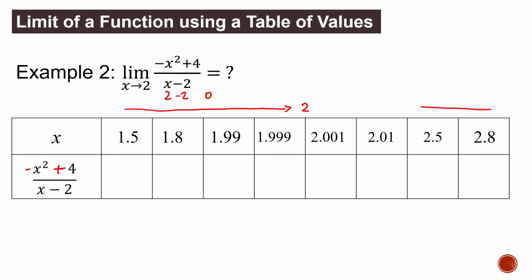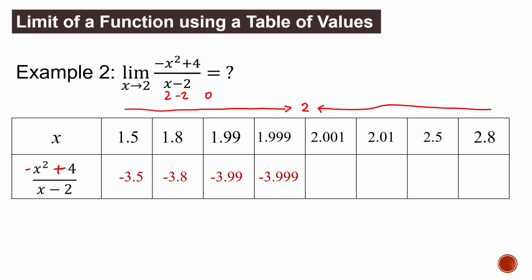And then on this side of the table, that's decreasing from 2.8 to 2 down to 2.001. Again, we're not using number 2 here because if we plug in number 2, the entire function will be undefined. So if we plug in 1.5, 1.8, etc., etc., these will be the values.